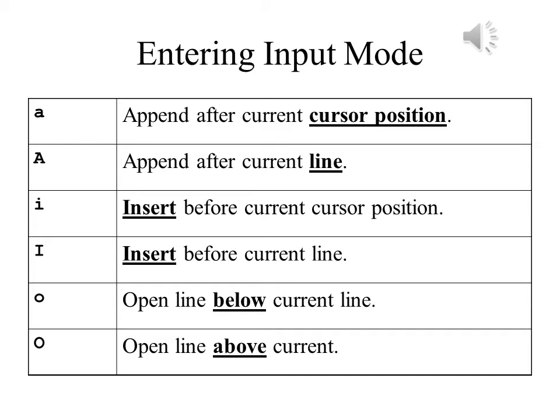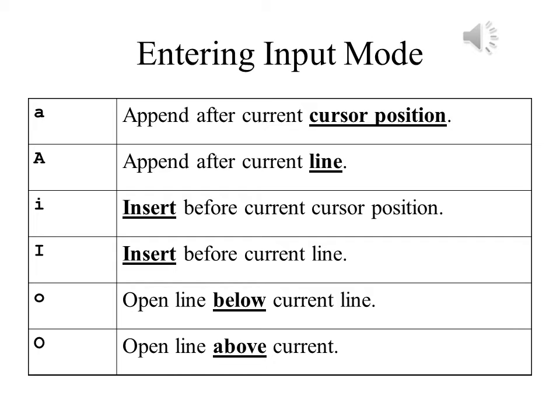Capital I will insert before the current line. Now O is short for open line. Lowercase o will open a line below the current one, and capital O will open a line above the current line.